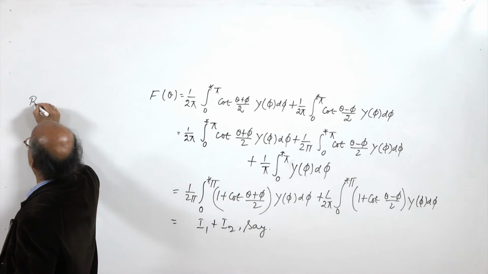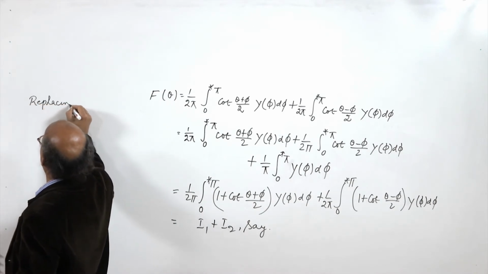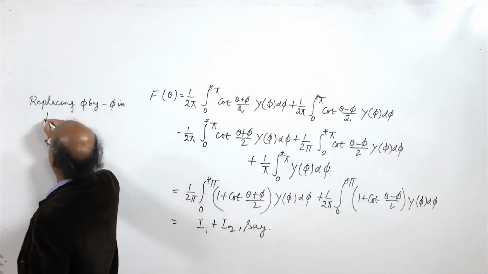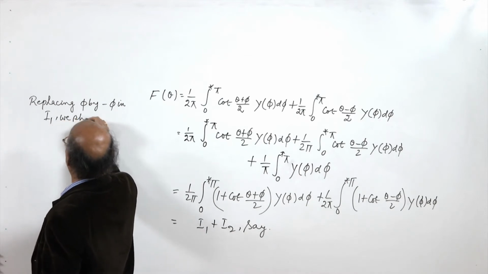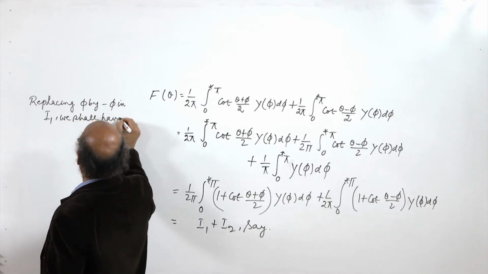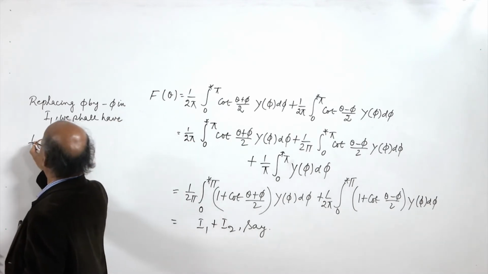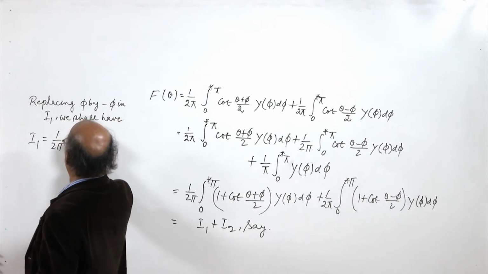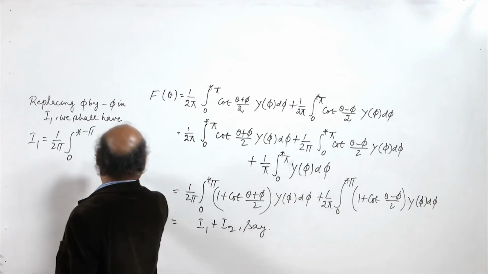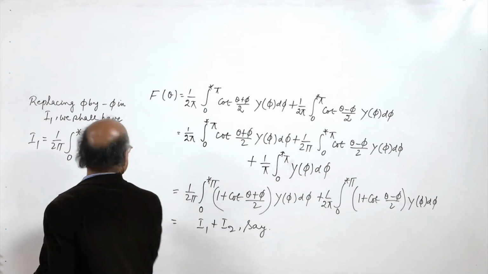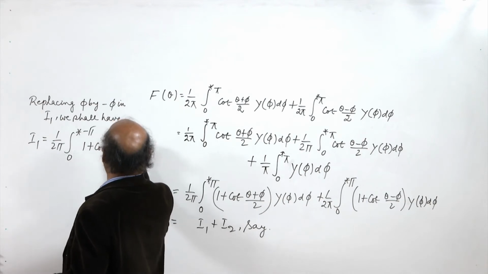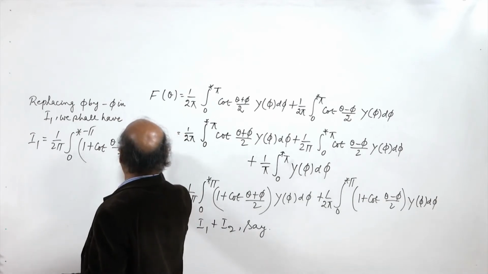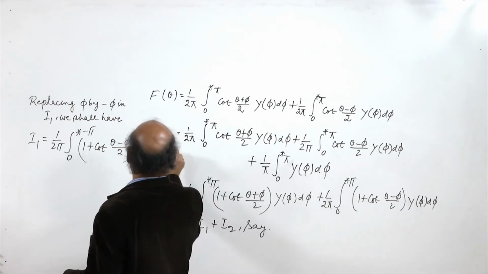Replacing phi by minus phi in I1, we shall have I1 equal to 1 over 2 pi integral of 1 plus cot of (theta minus phi) by 2, y of minus phi, d of minus phi.